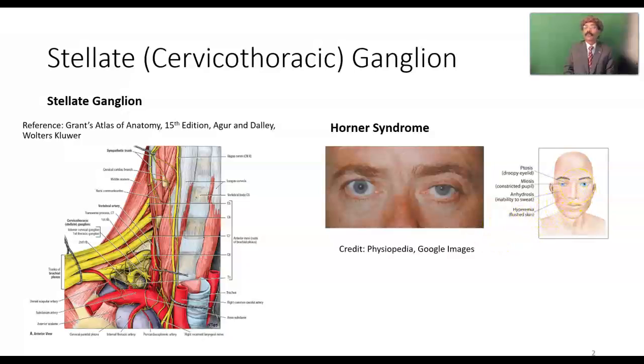If that is not supplying properly, there will be vasodilation and a flushed face. You can also add enophthalmos. The globe of the eye is pushed backward. We call it enophthalmos or sinking of the eyeball. These are the features of damage to the stellate or cervicothoracic ganglion.